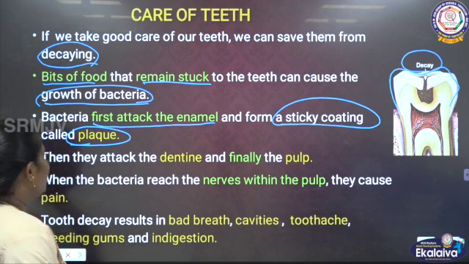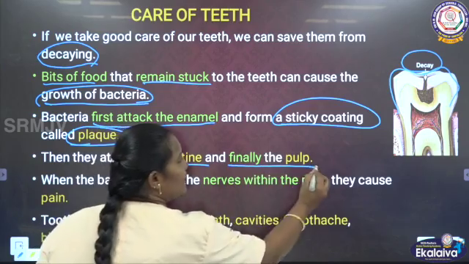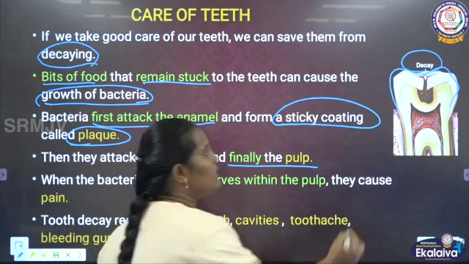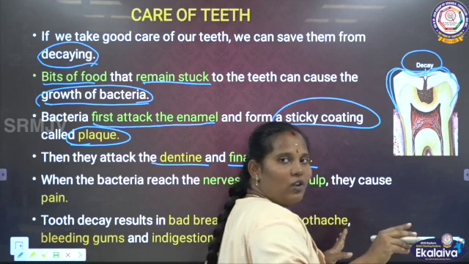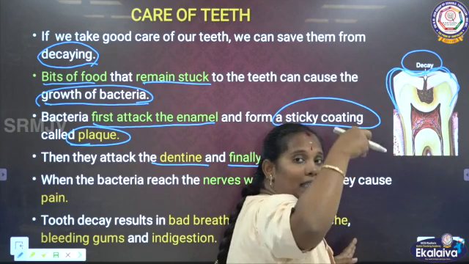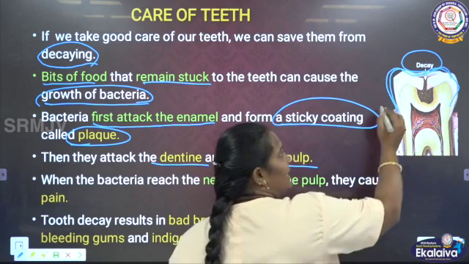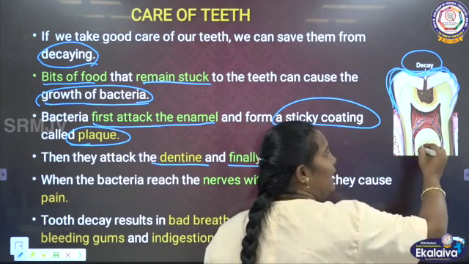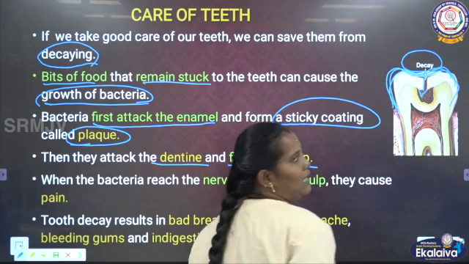Next, they attack the dentine, and finally the pulp. First they destroy the outer cover, then they reach the dentine, which is the second layer. After that, slowly they enter inside the pulp.